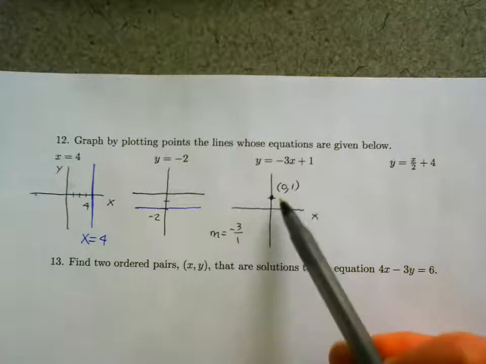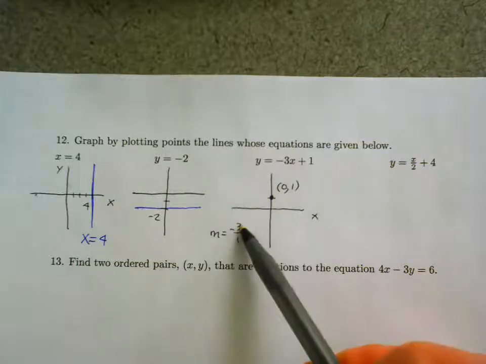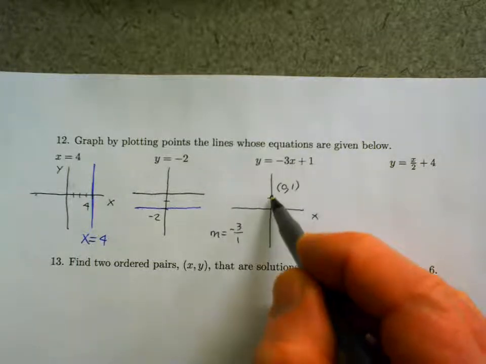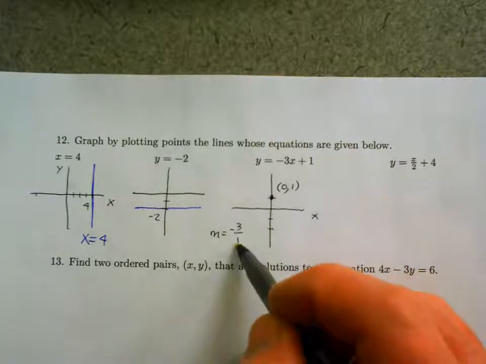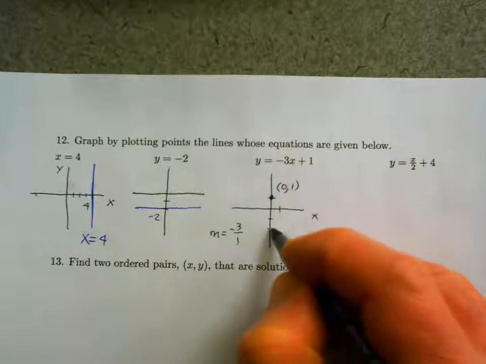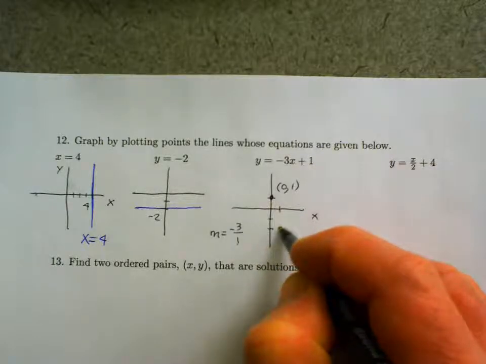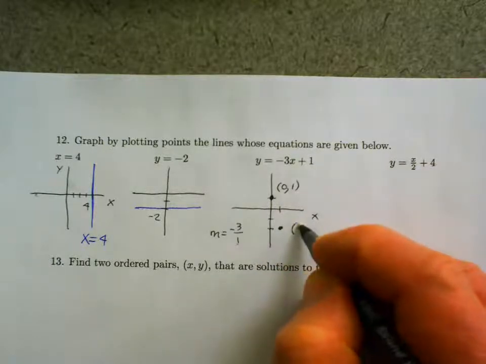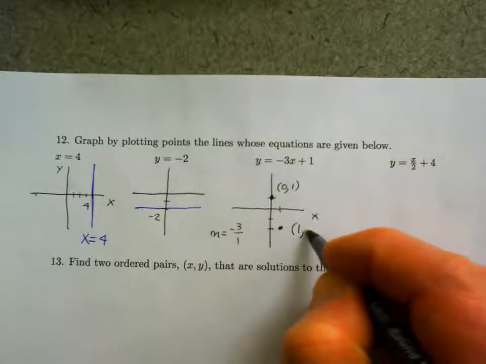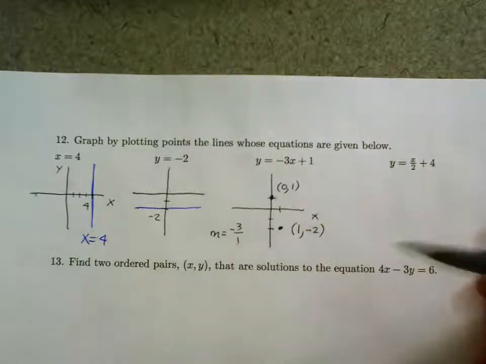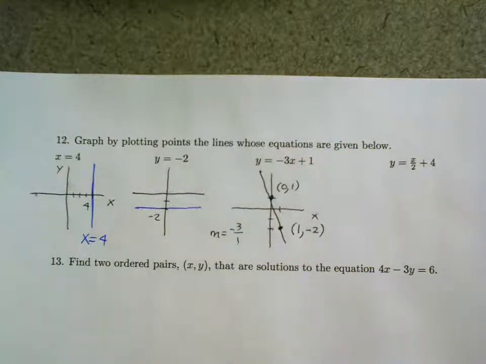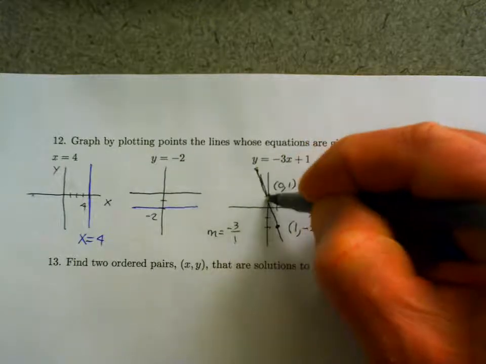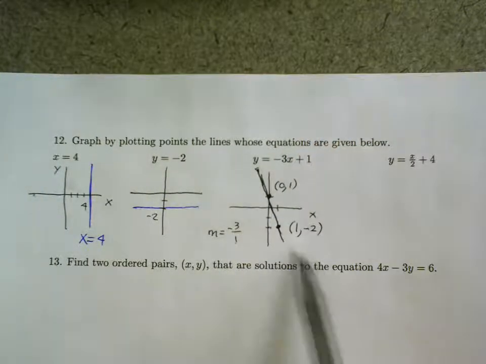And then that means the numerator is -3, so we move from (0, 1) down 3 units. And the denominator is +1, so we move to the right 1 unit. This ordered pair is 1 for x and -2 for y. And then we draw a line through those 2 points. Okay, so that's one way to graph that line. It's not the only way.